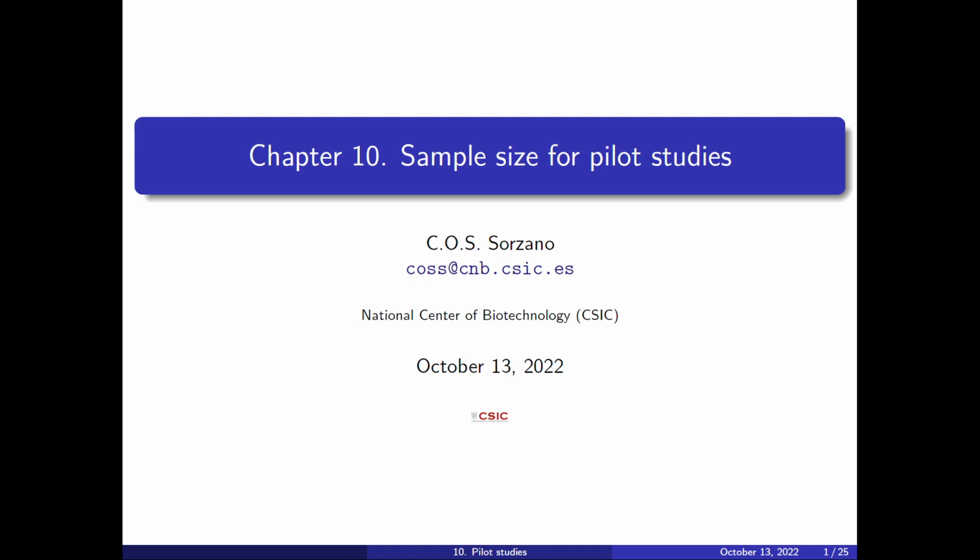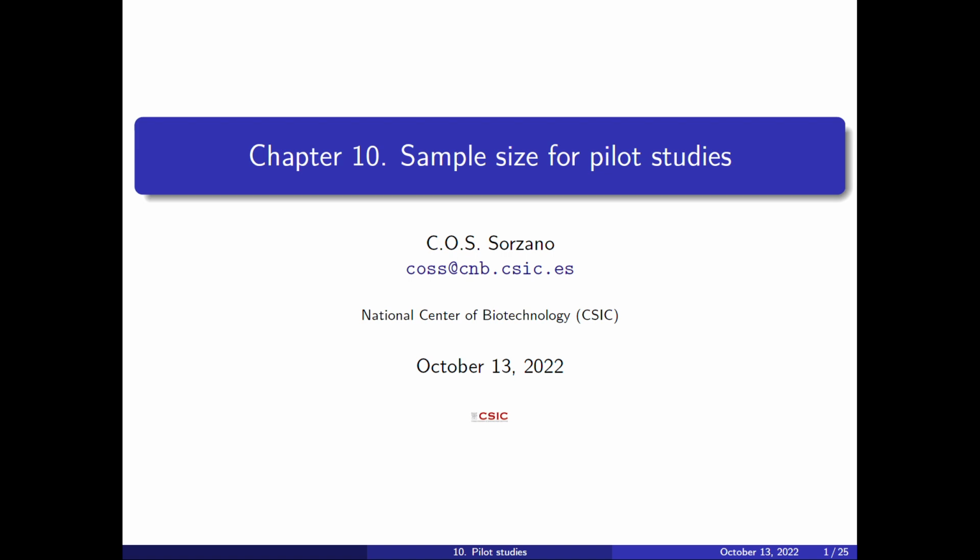The analogy with aliens is that mice are not aliens. Typically they have been studied in many other publications or studies, and the control groups are very well characterized.